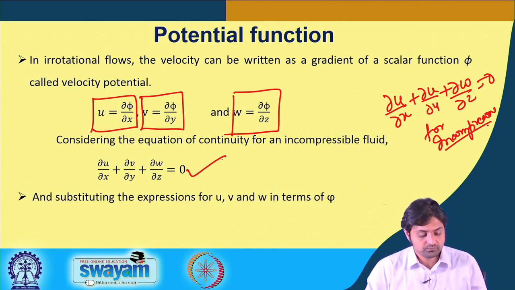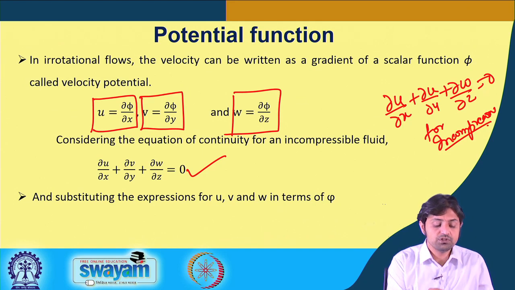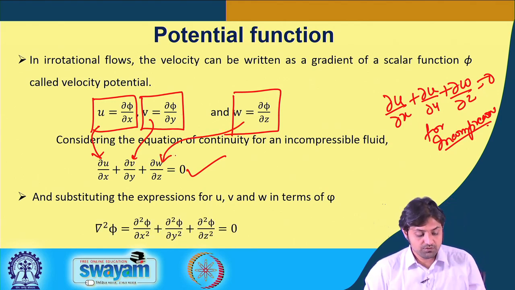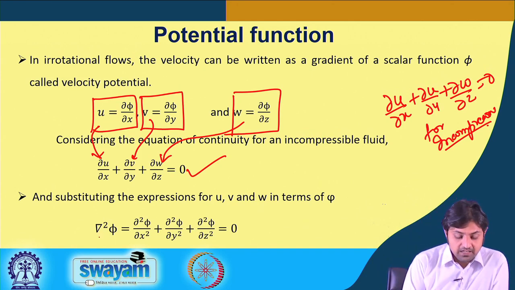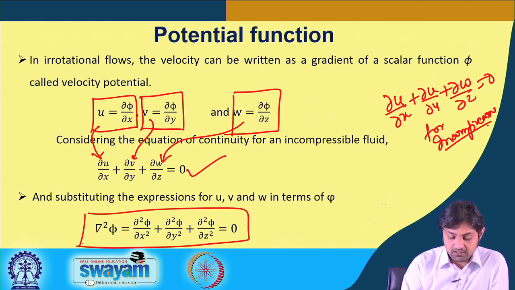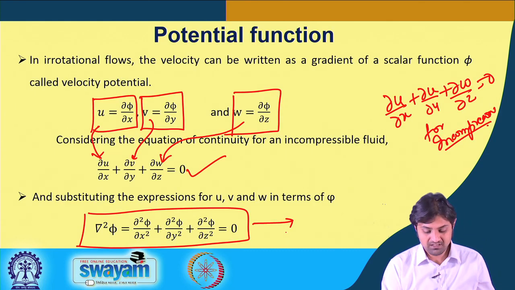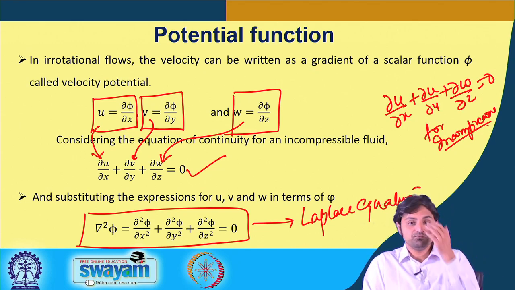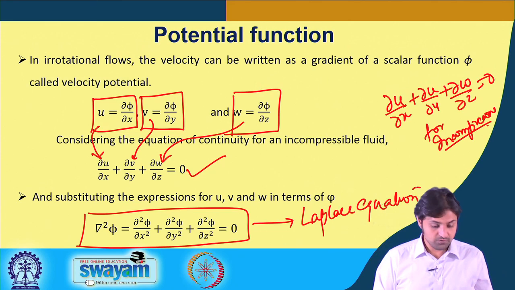If we substitute these u, v and w here, what are we going to get? Del square phi is equal to del square phi by del x square plus del square phi by del y square plus del square phi by del z square, and this is again, tell me, the Laplace equation. That's good, so we can proceed now.